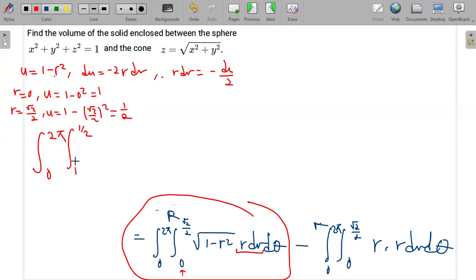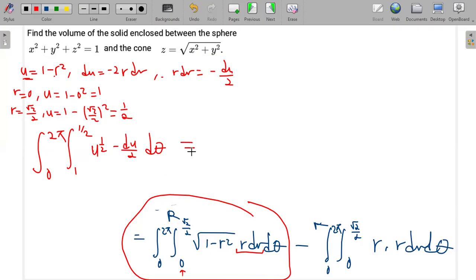In the square root, I'm going to have u to the power half, because 1 minus r squared, we said, was u. And r dr has become minus du over 2, and then d theta.